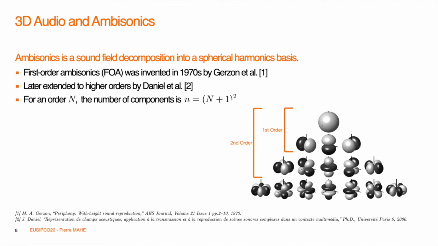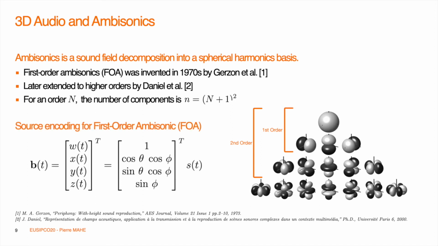This format was invented by Gerzon for first-order ambisonics or FOA and later extended by Daniel for high-order ambisonics or HOA. For a given order n, there are (n+1)² components. The figure on the right shows the first three orders.